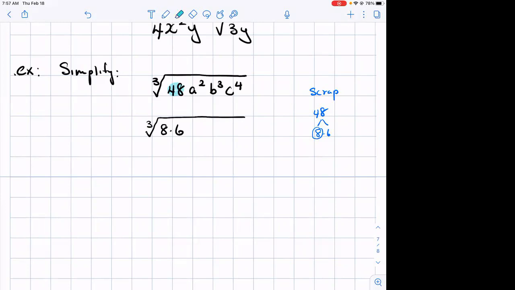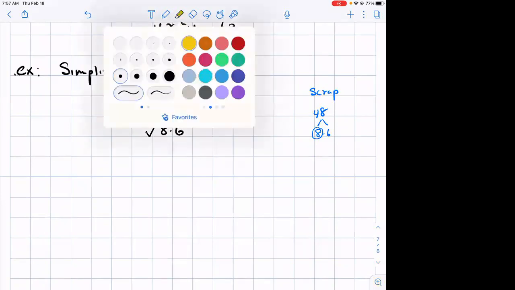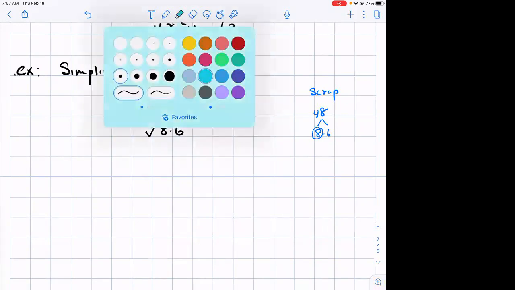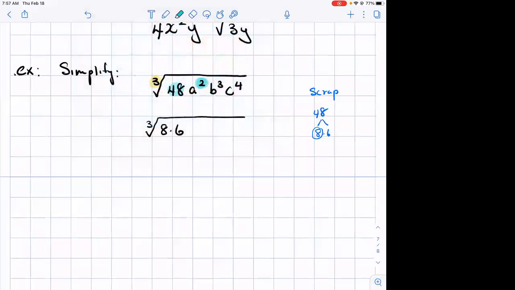Now, the power here is not divisible by the index. And notice it is smaller than the index. So there is no simplification. Anytime the power is smaller, there is no simplification. It could be exact, but not. So we leave this as a squared.